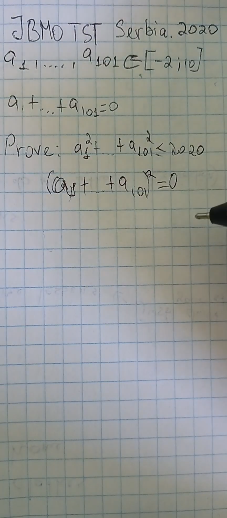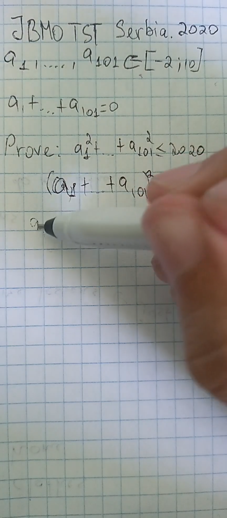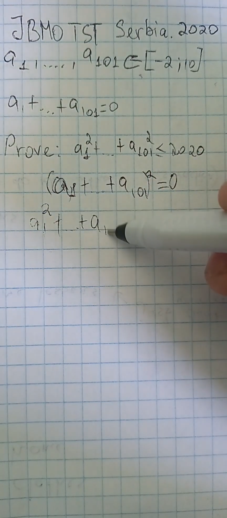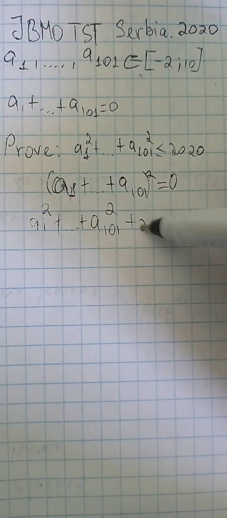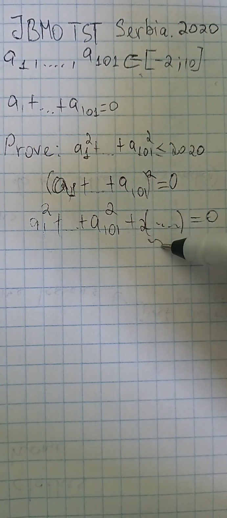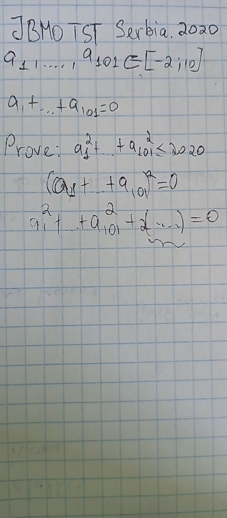But this seems useless, right? Because we can get the sum of squares, but we have some other stuff too here. But 0, but we can't find this, so let's not do this. However, we have an idea to solve this.